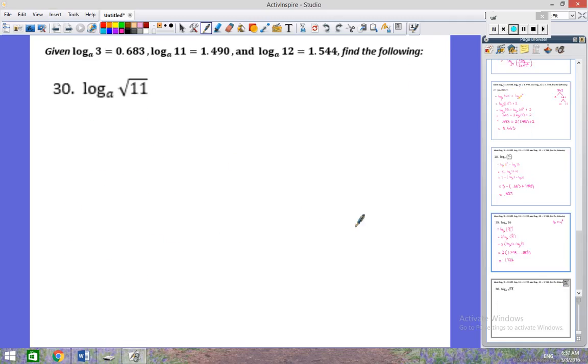Same directions. Now this time, you do have to recognize how to rewrite this radical as an exponent. So the square root of 11 is the same as 11 raised to the 1/2 power. And now by the power rule, this 1/2 comes down out in front. We can substitute in the value for log base A of 11, that's given.